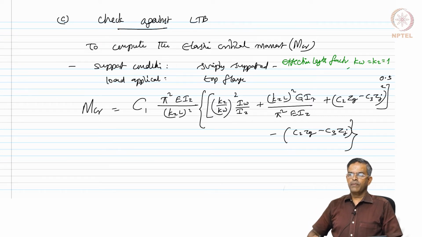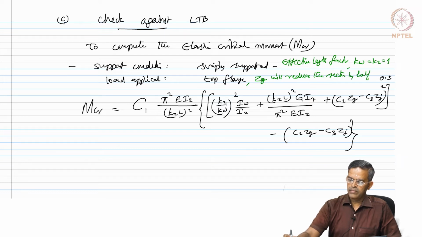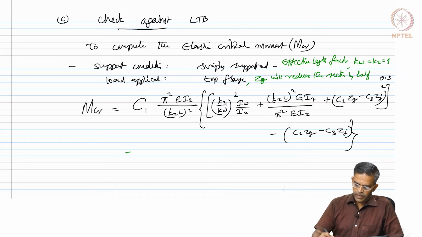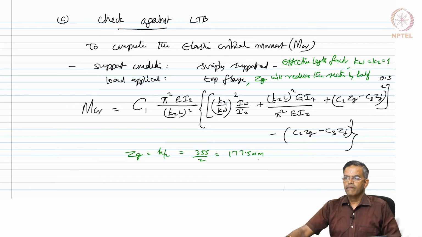Now, since the load is applied on the top flange, Zg will reduce the section by half. What does it mean? Zg will be actually h by 2, which is 355 by 2, which is 177.5 millimeters.